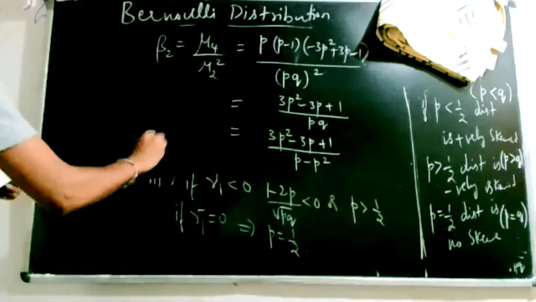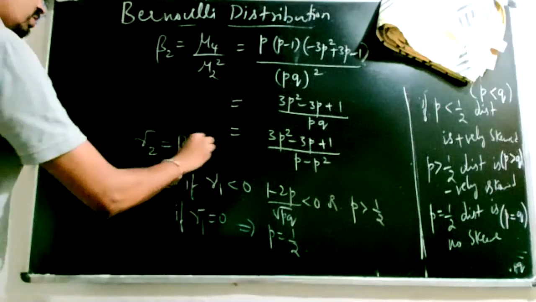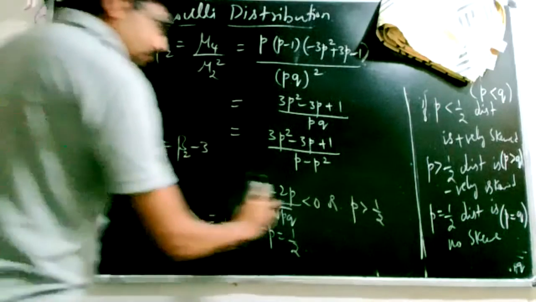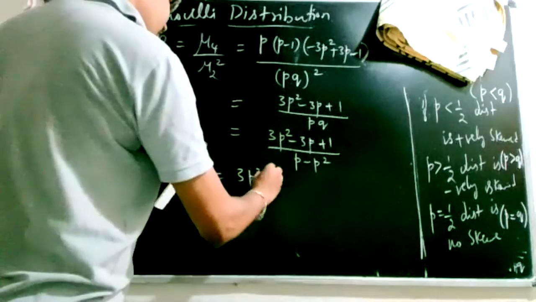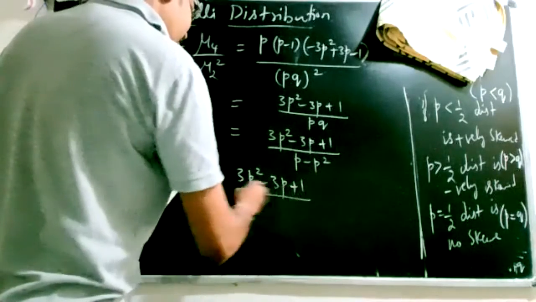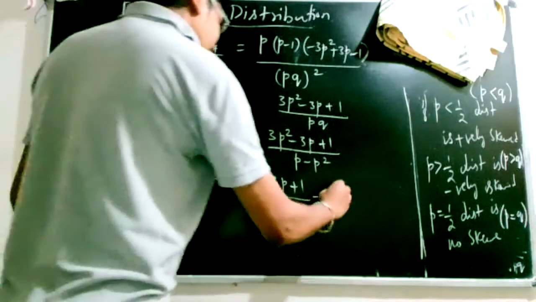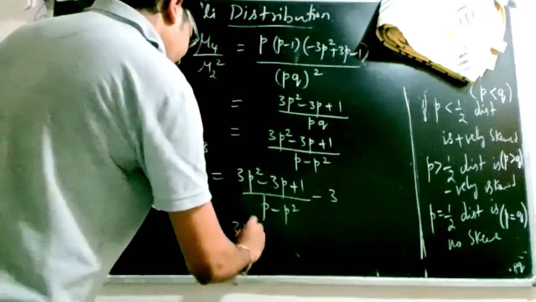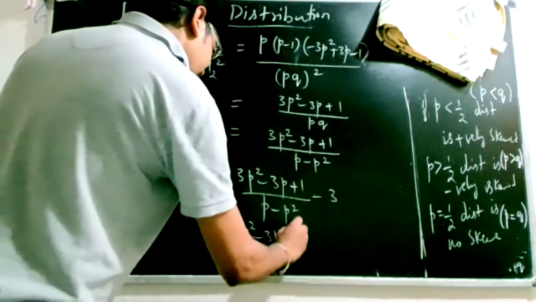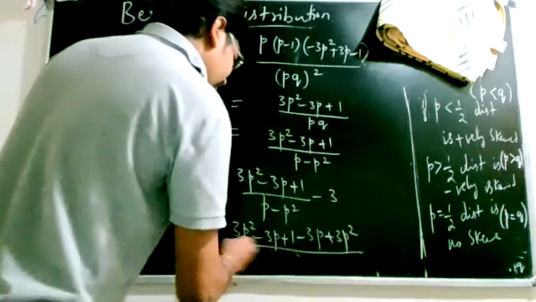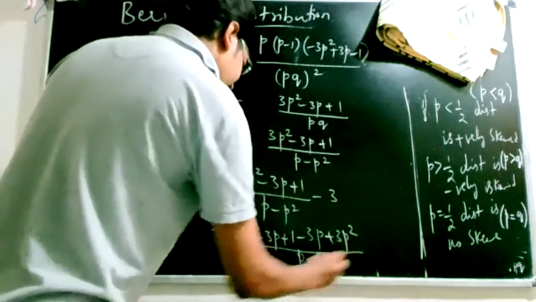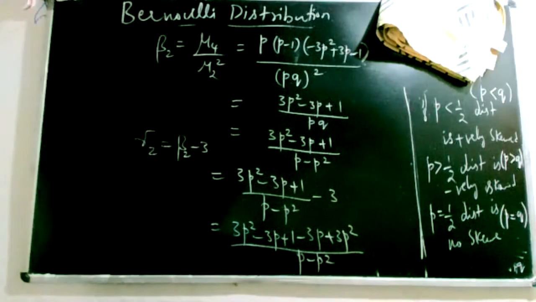You can compute gamma 2, which is beta 2 minus 3. That is equal to 3p square minus 3p plus 1 by p minus p square minus 3, which will be 3p square minus 3p plus 1 minus 3p plus 3p square, all divided by p minus p square. Simplify that, and that will get you the excess kurtosis.